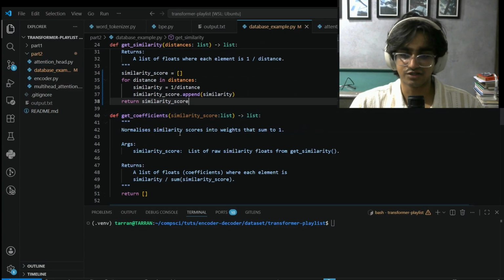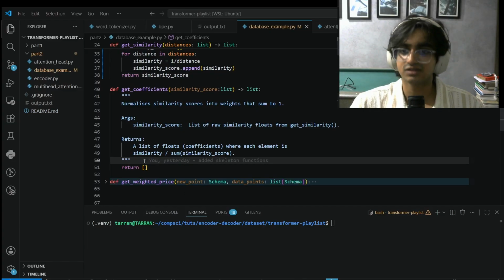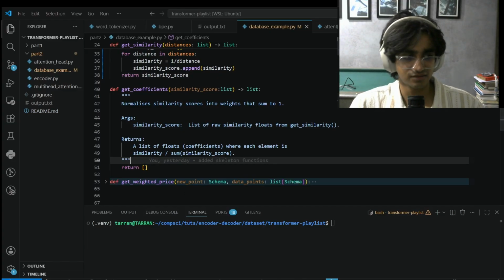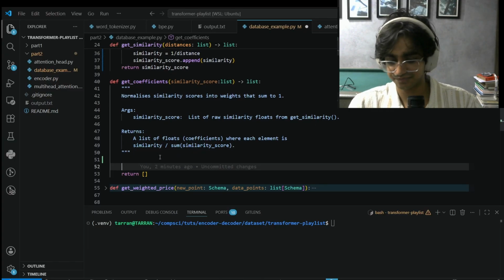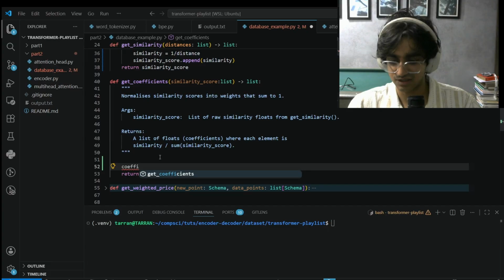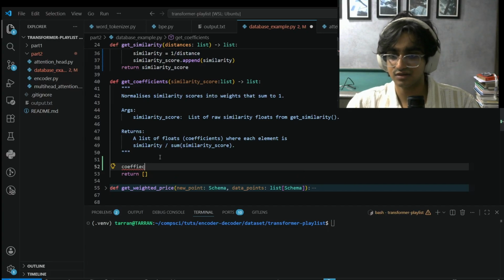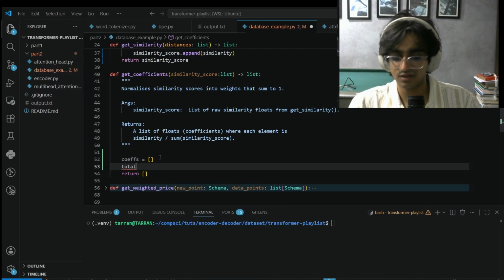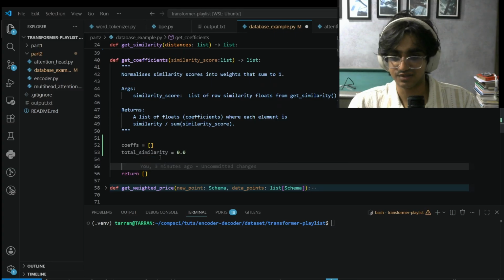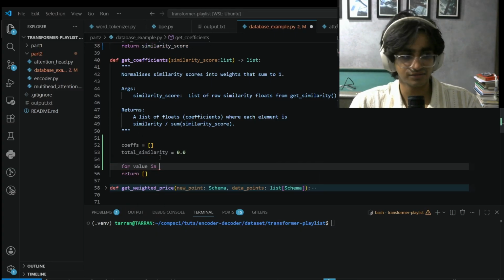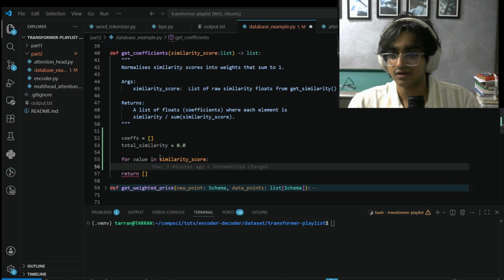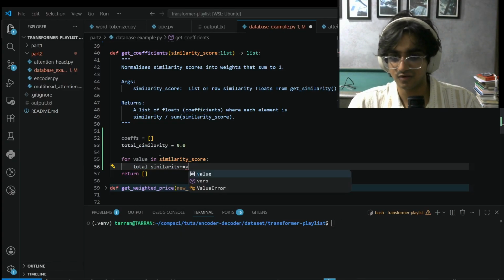Next up, we get the coefficients. To get the coefficients, we're going to take in the similarity score, and then calculate from it. First, we're going to need the total sum. Let's first initialize your coefficients, let's just name it coefs. So your coefs is empty, and your total similarity, let's just give it 0.0. So for value in your similarity score, your total similarity is just going to be the sum with the value.